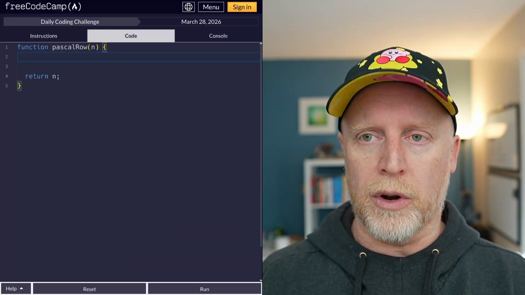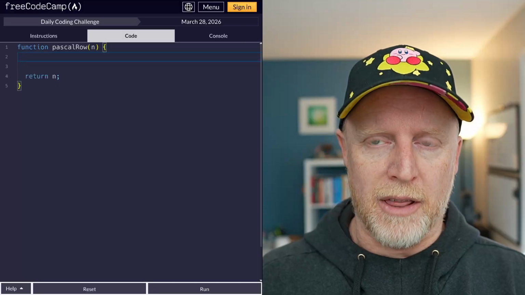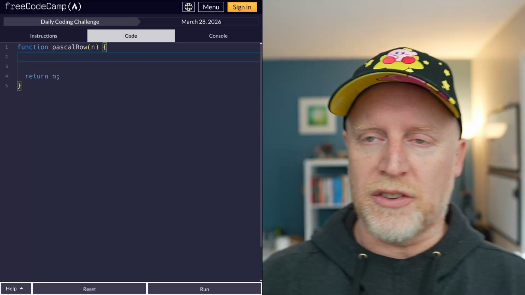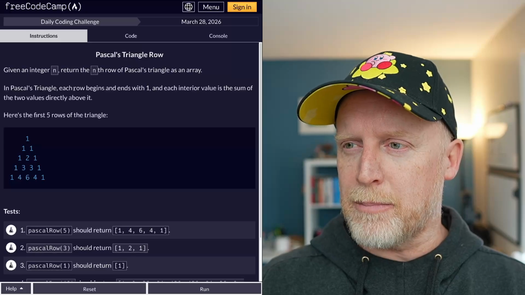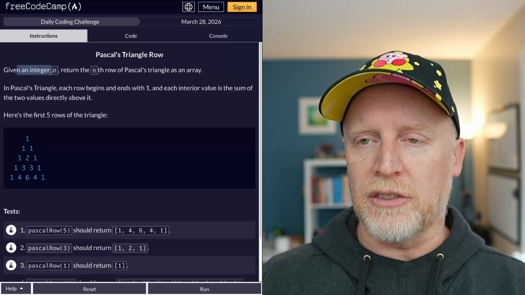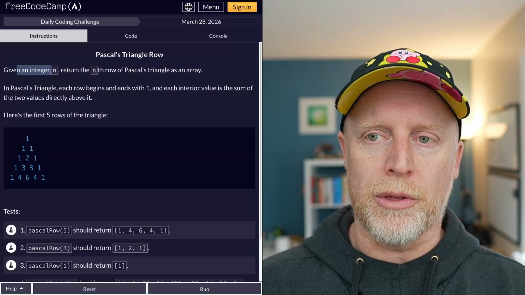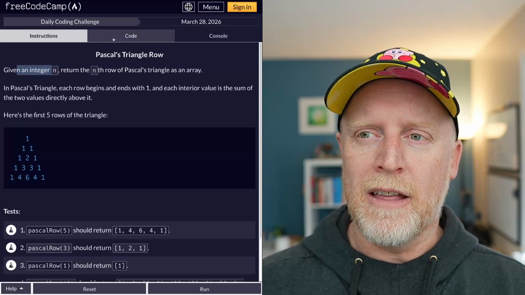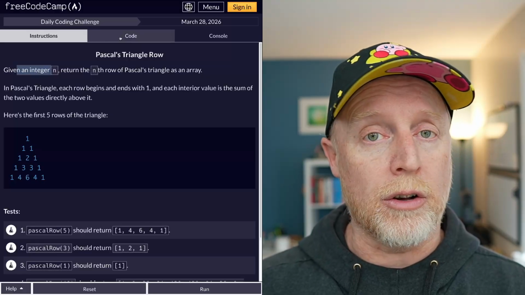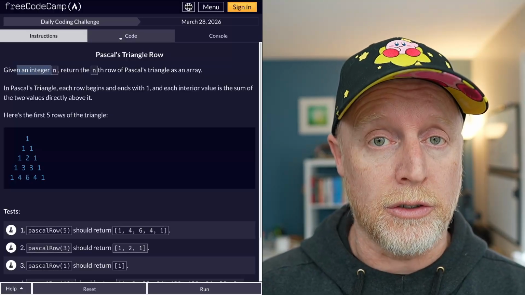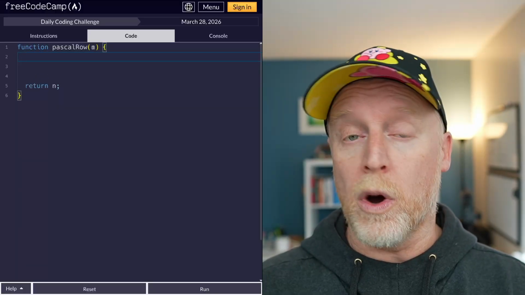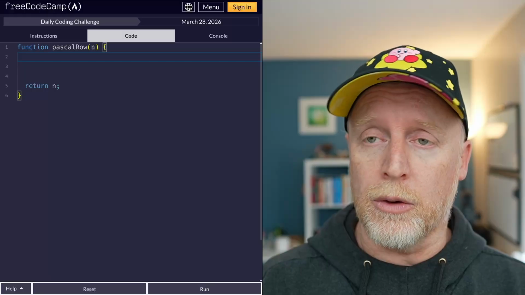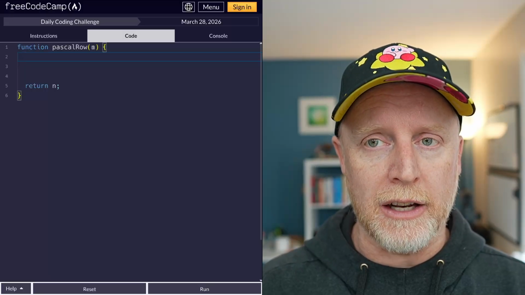The first thing that I want to do is the test, okay? And that's to make sure that we get a positive integer. I don't think that they actually said positive in here. It just says given an integer. So in theory, that could be negative, but usually when we're talking about Pascal's triangle, we're talking about positive integers, okay? Which means that because n is one indexed, it's not zero indexed, which becomes important in a second here.